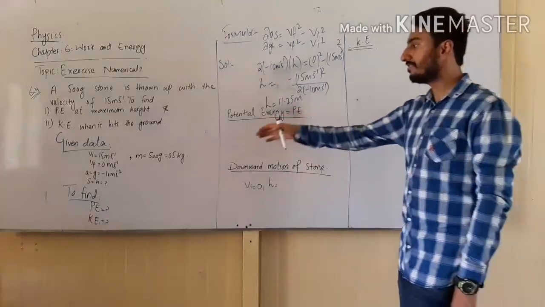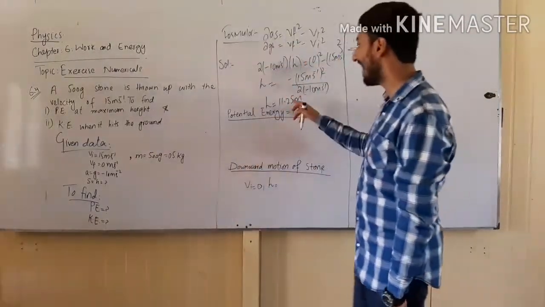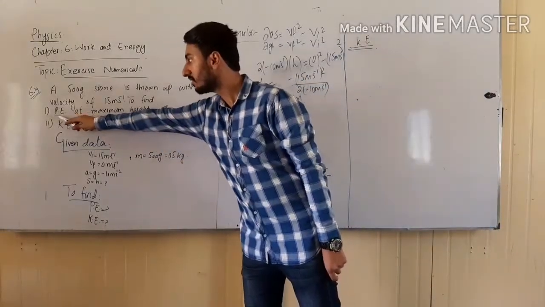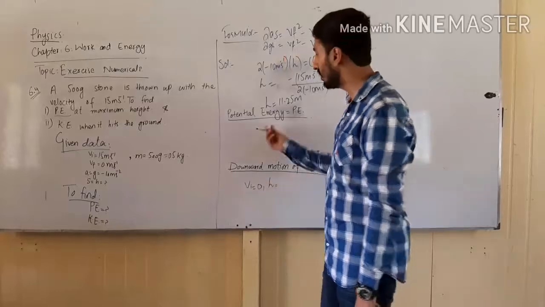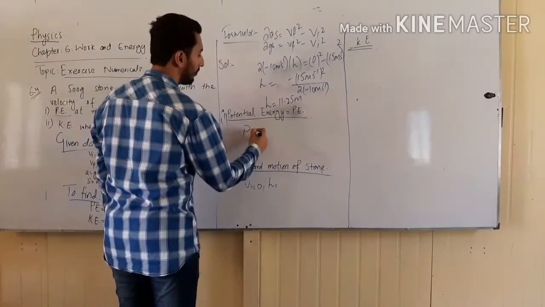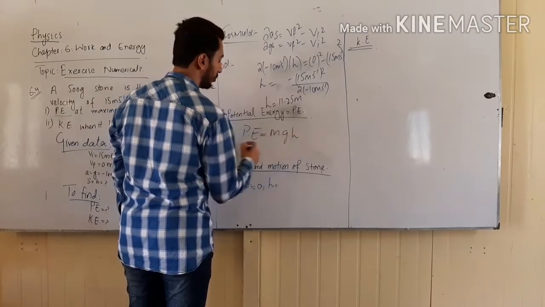Now students, we have mass, we have value of g and we have h. So we can find our first thing to find, which is potential energy. The formula of potential energy is mgh.